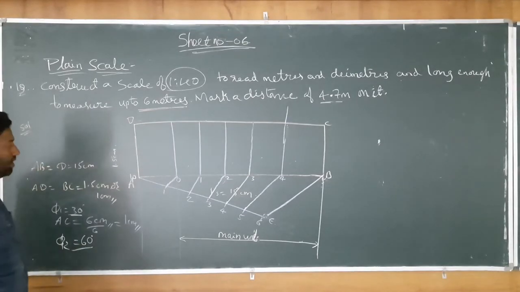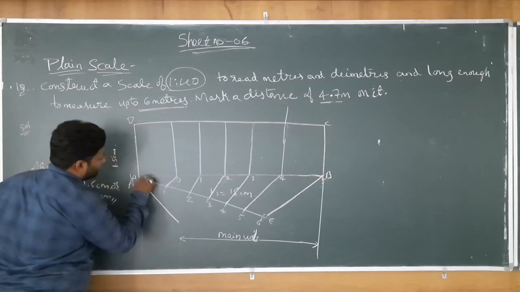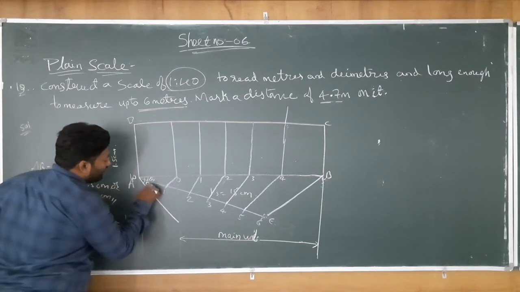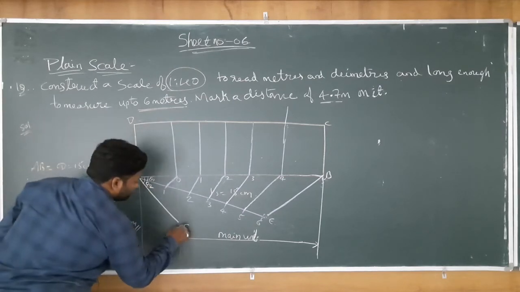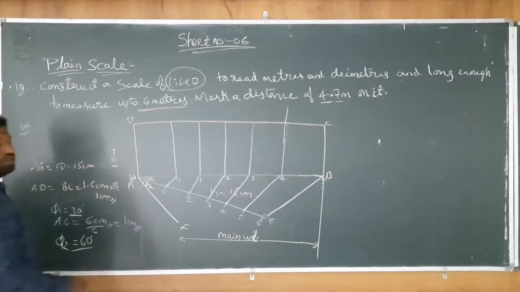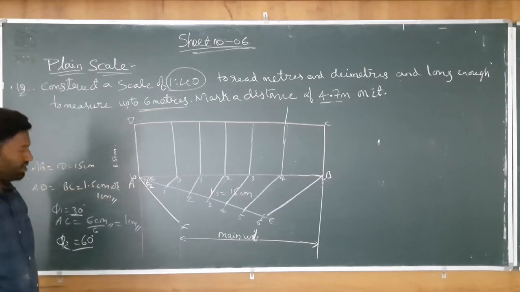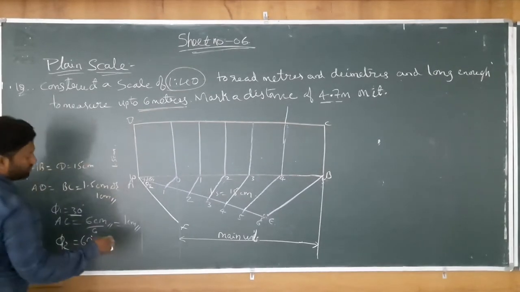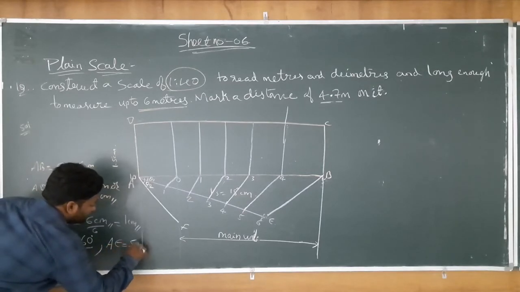Now I am taking theta 2 as 60 degree, and the length of the inclined line AF is equal to 5 units, which means I can take it as a 5 centimeter line. So here I will write AE is equal to 5 centimeter line.